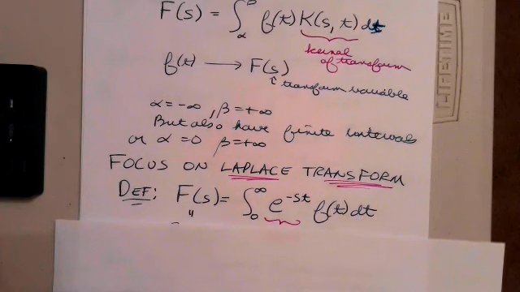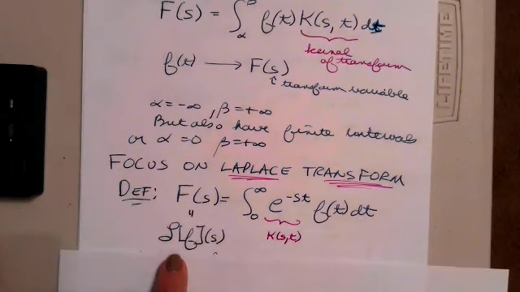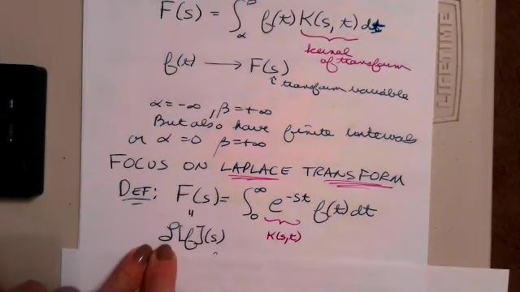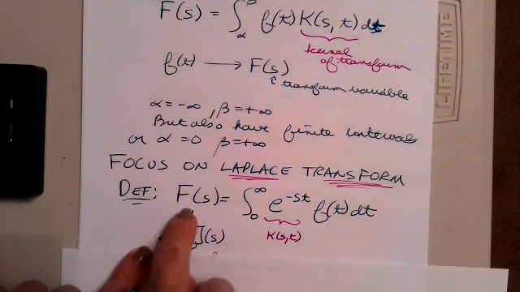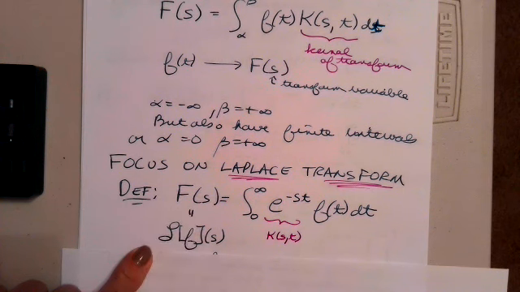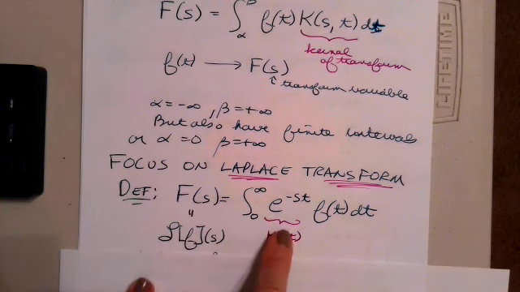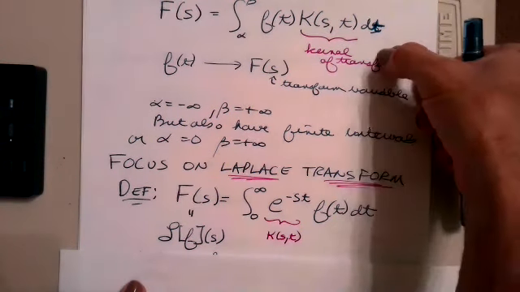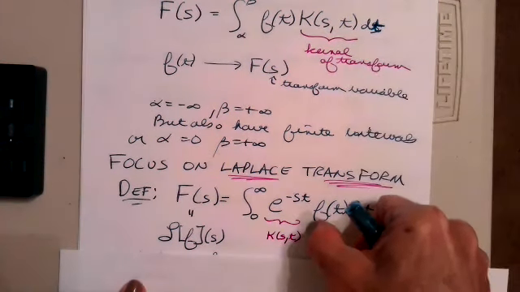That gives you a function of s, and often we denote the Laplace transform, we'll use those notations interchangeably. We'll sometimes write script L, Laplace, of f as a function of s to remind us that we're taking the Laplace transform of this given function f. Sometimes it's more convenient to just use the capital letter. So the Laplace transform is a particular case of this integral transform where here's the kernel.